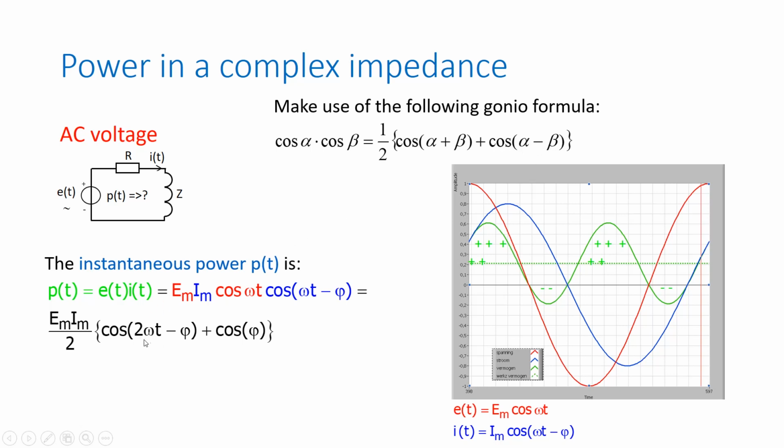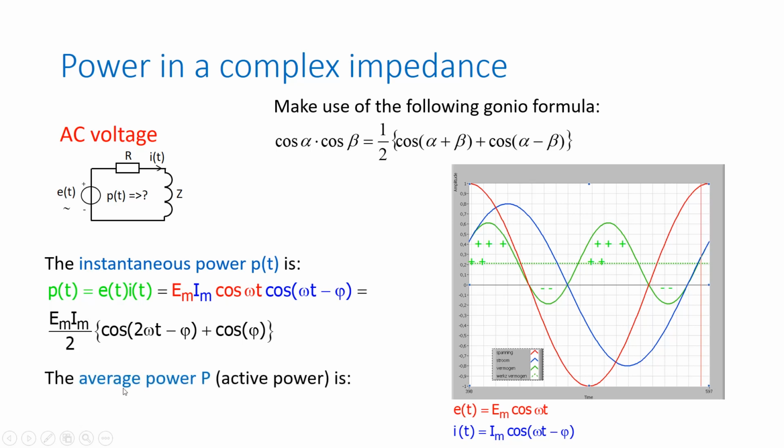So then we get the double frequency over here, which we have seen over here, plus we have a term over here, which is the subtraction of the arguments of the cosines. So we can express this again as the RMS voltage, which is equal to Em over the square root of 2, multiplied with the RMS value of the current, which equals Im over the square root of 2.